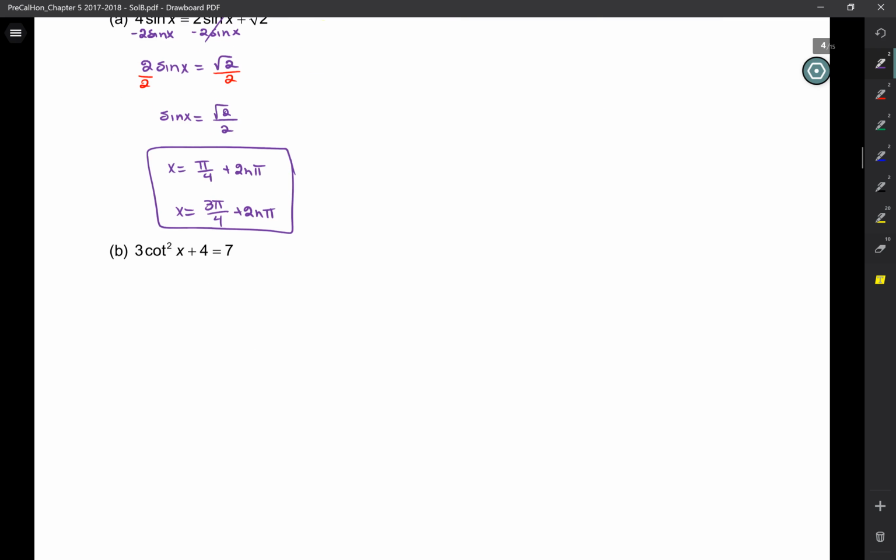All right. Let's take a look at this one. Here we have 3 cotangent squared x. So what are we going to do immediately? Subtract the 4. So 3 cotangent squared x is equal to 3. Cotangent squared x is equal to 1. So cotangent of x is equal to what? Square root, which is plus or minus 1.